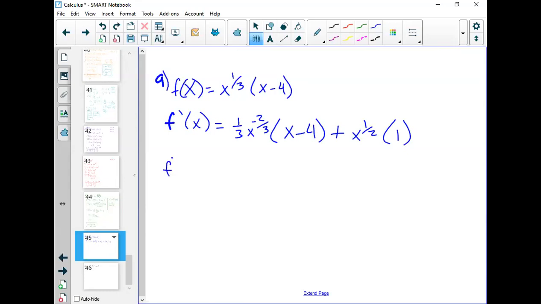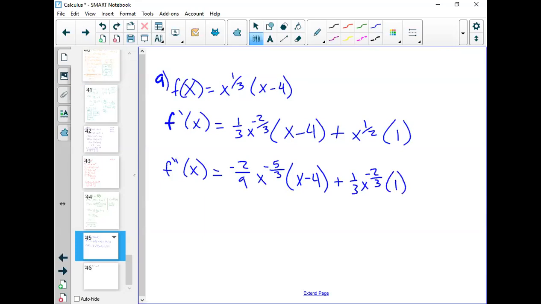Second derivative is equal to, multiply the 2/3 down, that becomes -2/9 x to the power of -5/3. So that's the derivative of the first times the second, x minus 4, plus the first, 1/3 x to the -2/3, times the derivative of the second, plus the derivative of this last thing over here is 1/2 x to the negative 1/2.